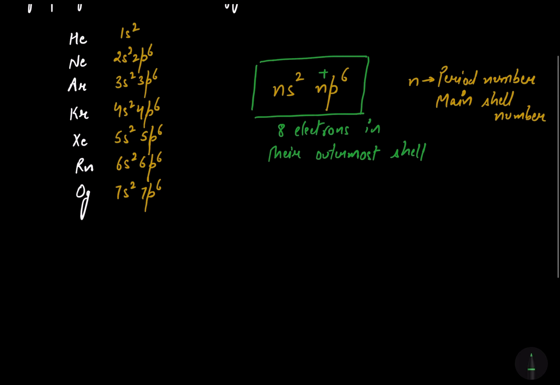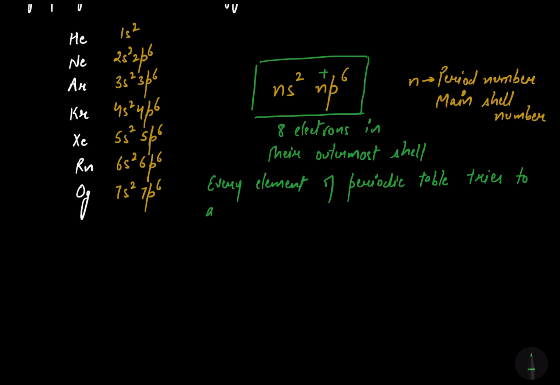So I'm writing: every element of the periodic table tries to attain the stable, fully filled electronic configuration of the nearest noble gas.